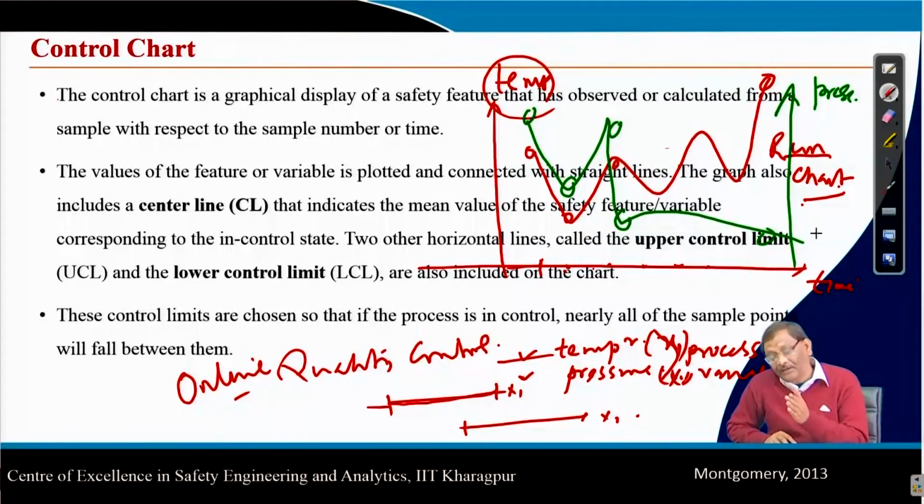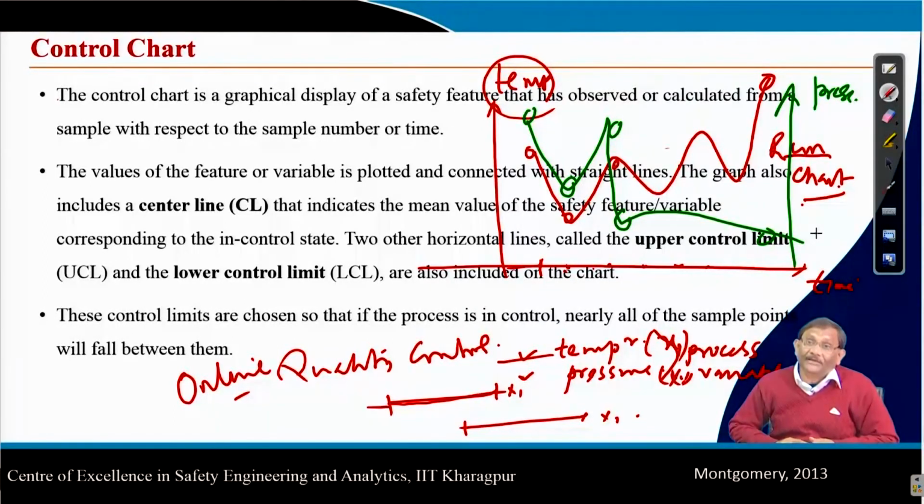Can we identify the leading indicators which ultimately influence the safety outcome, like incidents, injuries? And can we monitor this over time? The run chart kind of thing you can do. If you do this, you will know what is happening.